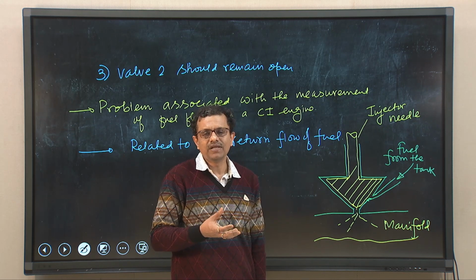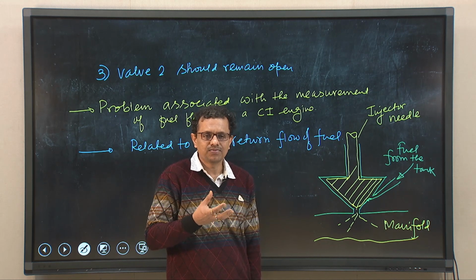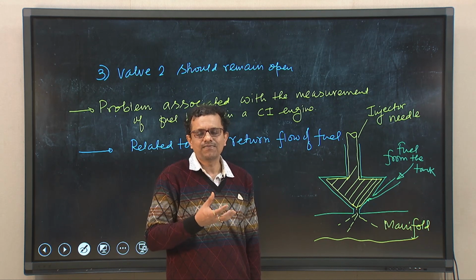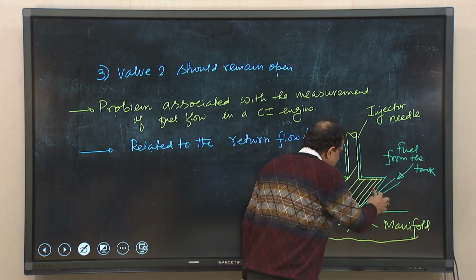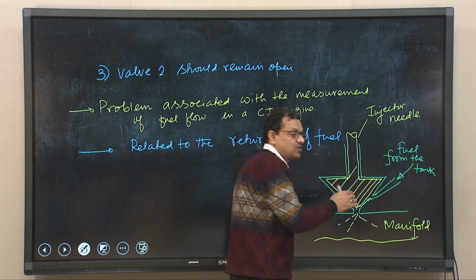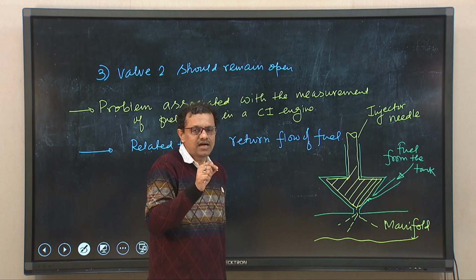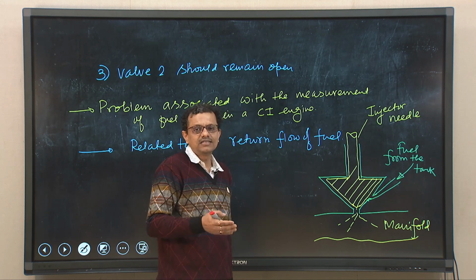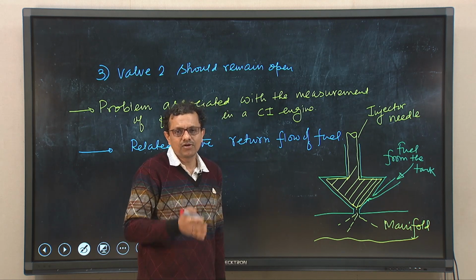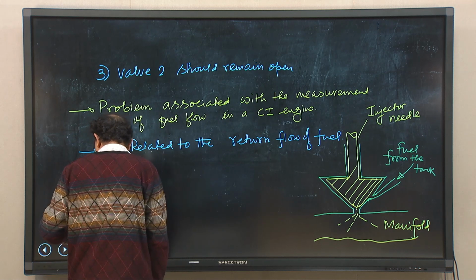If we need to take that amount of fuel for the calculation of fuel flow rate, care must be taken to reduce the temperature of the fuel to the supply fuel temperature, and that fuel should be connected to the supply fuel line downstream of the injector, essentially to calculate the exact amount of fuel flow rate. So, this is the problematic issue that I have discussed.